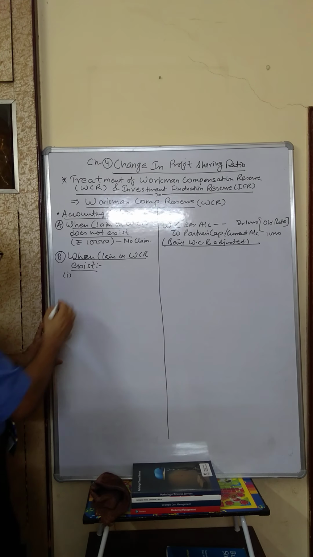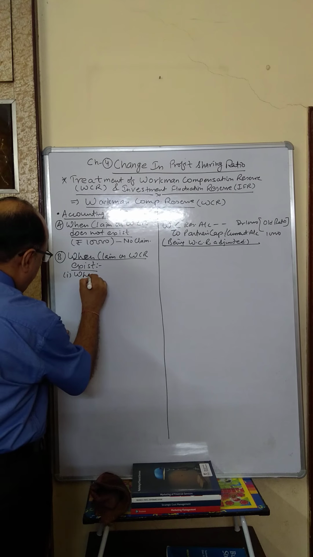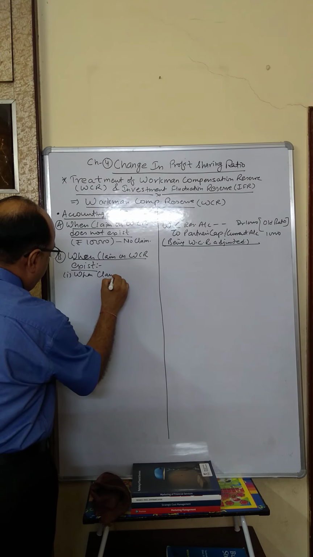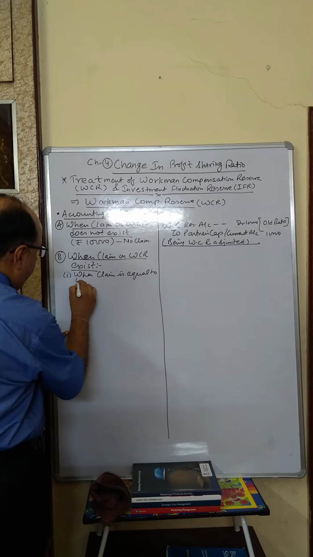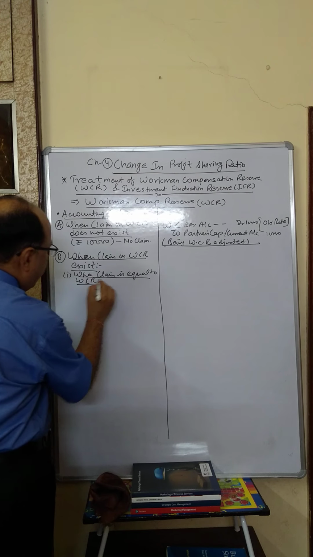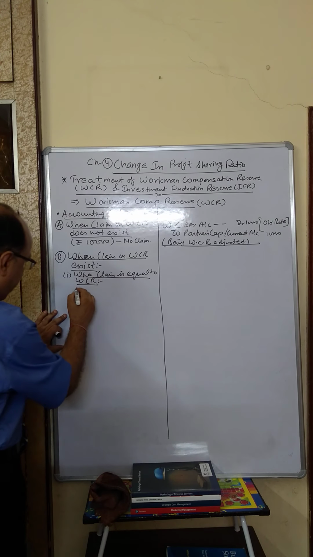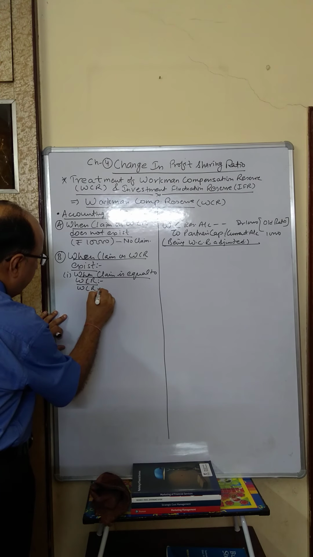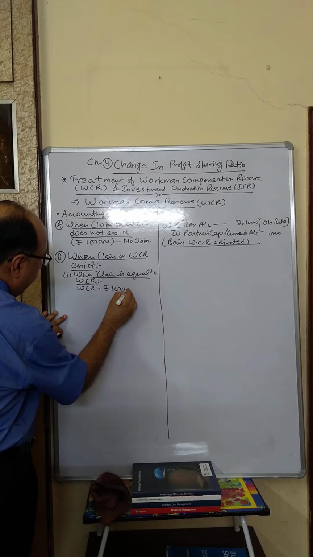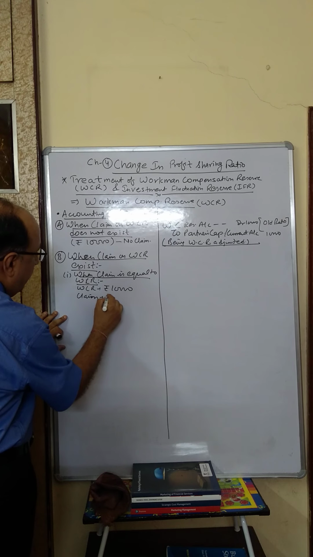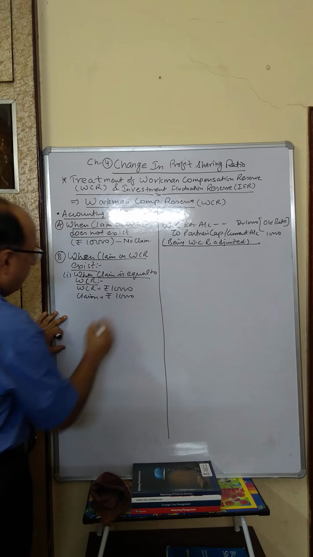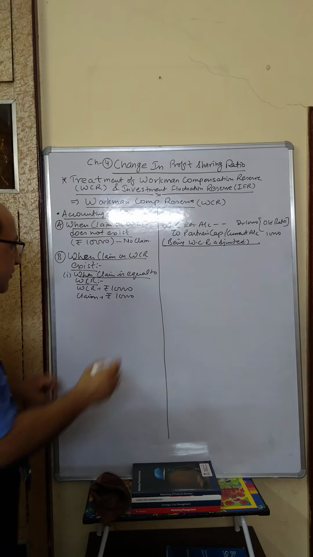Number one, when claim is equal to WCR. It means WCR was 10,000, claim on WCR is also 10,000. So sir, what entry should be passed in this case?